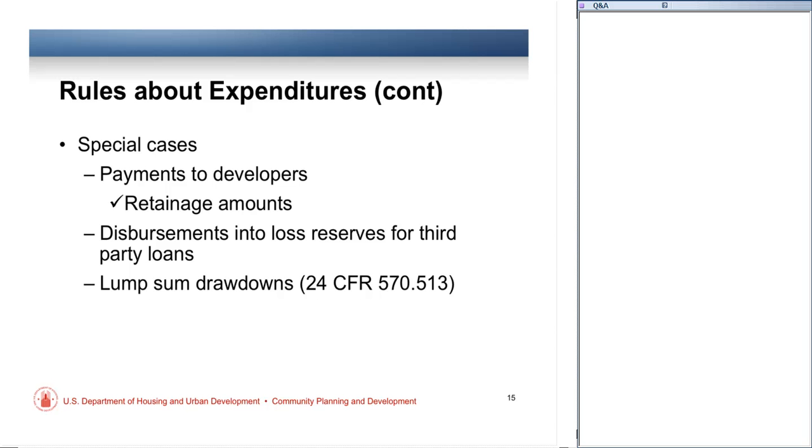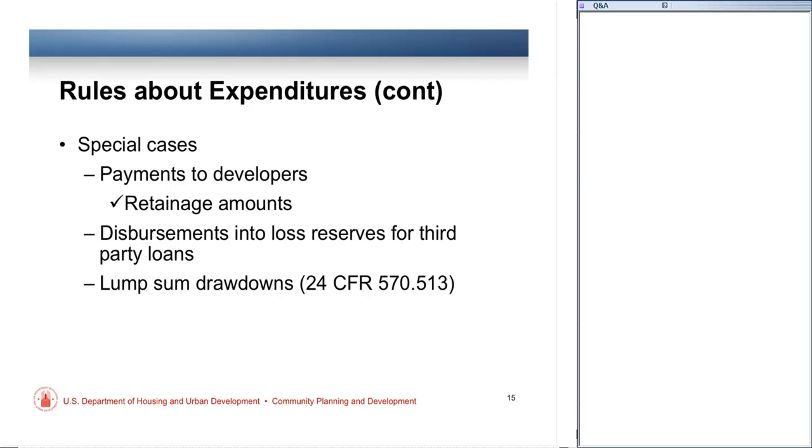But you can enter into an agreement where the lender might agree to make loans totaling up to $5 million, and you agree to cover 20% of that based on some evidence or historic loss experience for those kinds of loans. And as the lender makes each individual loan to a third party, then an amount equal to 20% of the loan, in our example, can be dispersed into the reserve.